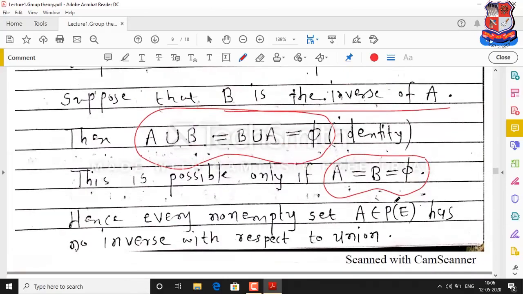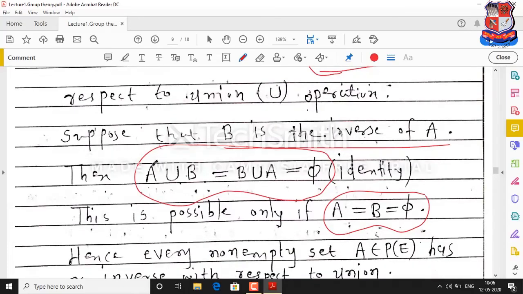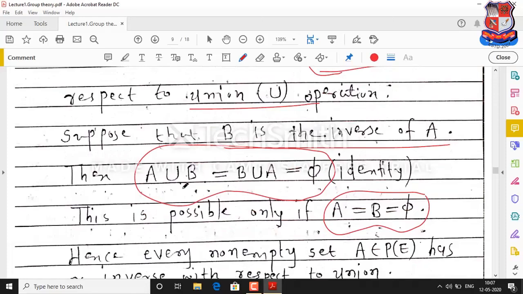Again, this is not easy. You can start by assuming suppose B is the inverse of A. By definition, if A and B are inverses of each other with respect to union, then their union must be equal to the identity element.